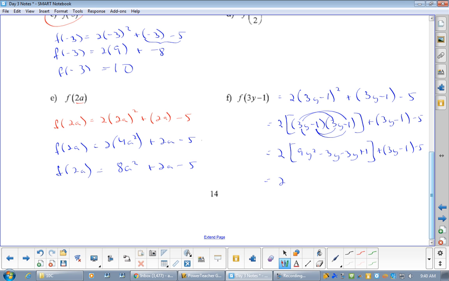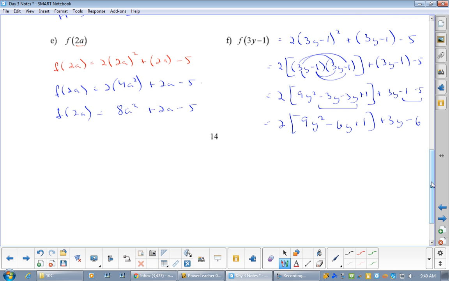Equals 2 times 9y squared minus 6y plus 1 plus 3y. Now we could actually just get rid of my brackets here. This would be 3y. What would this equal? Minus 6. Okay, what do we have to do next? We have to put the 2 in to everybody. Equals 18y squared minus 12y plus 2 plus 3y minus 6.